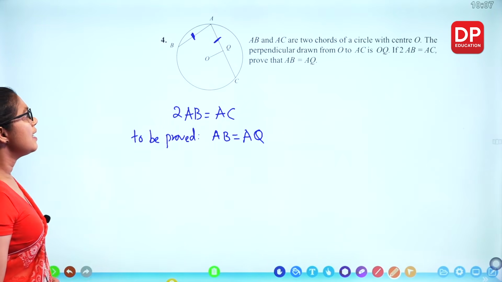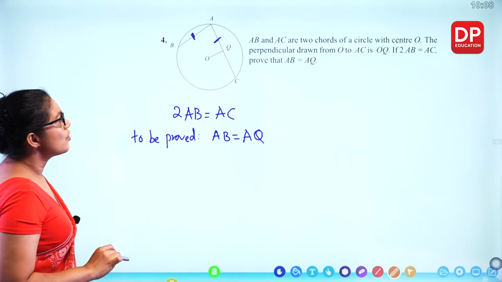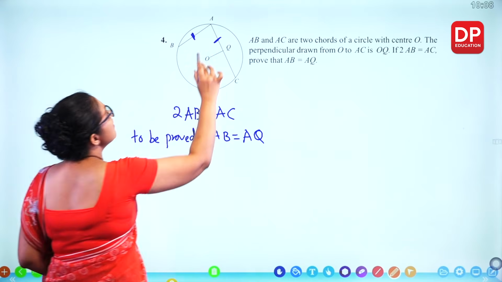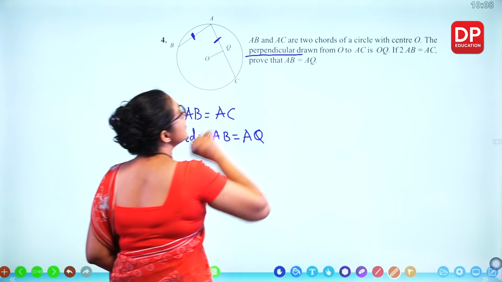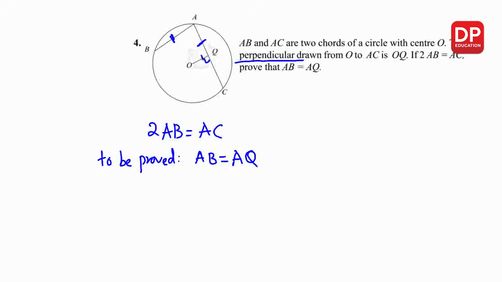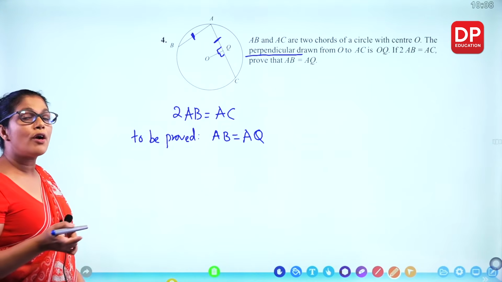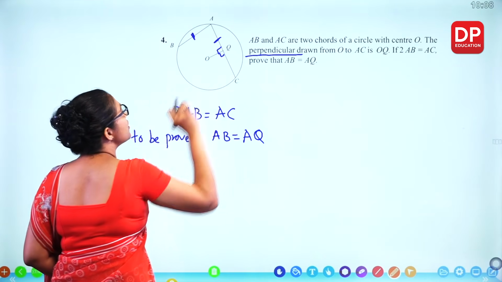Now we'll say this is a chord and this is the center. Here the perpendicular is given, so we know this is 90 degrees. If this is a perpendicular, we know according to the Converse theorem, this length is equal to this length.